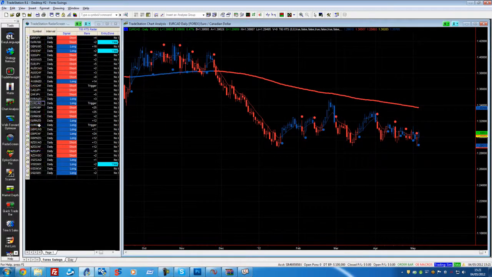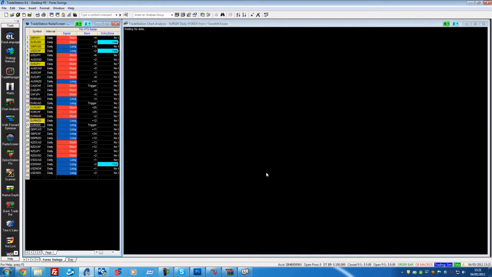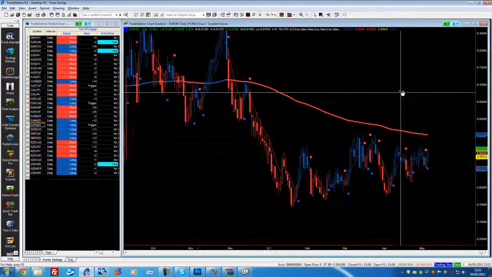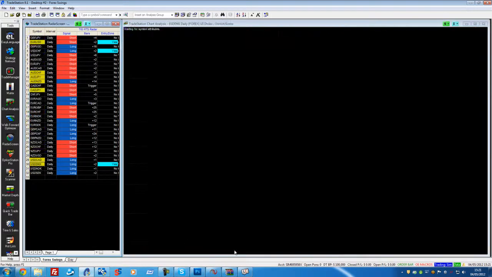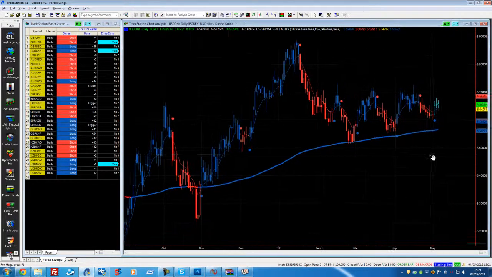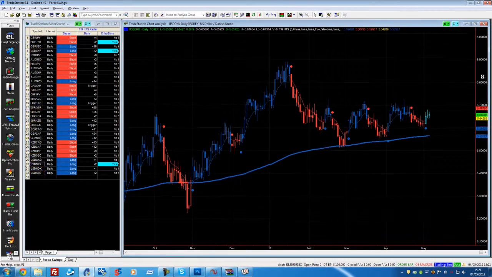Okay, so we've got another trigger bar setting up here, which is the Euro SEK. That one's long as well. Again, probably coming into this resistance and maybe having a bounce. We haven't actually had any tests of this resistance yet. And lastly, on my watch list here, we've got another entry zone on the USD DKK, and another good trade setting up here.